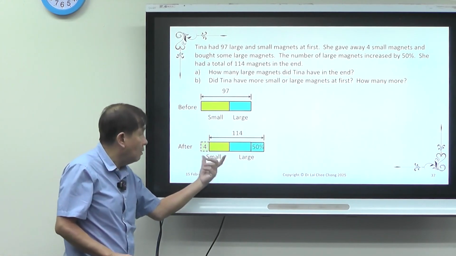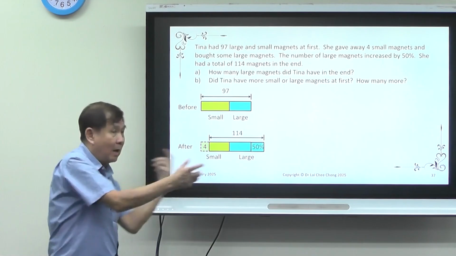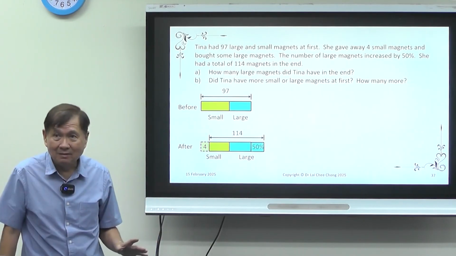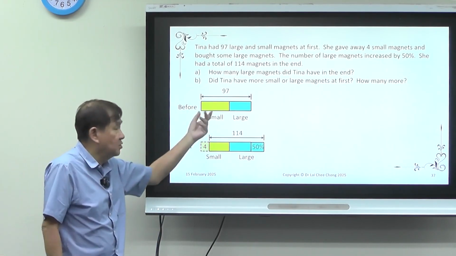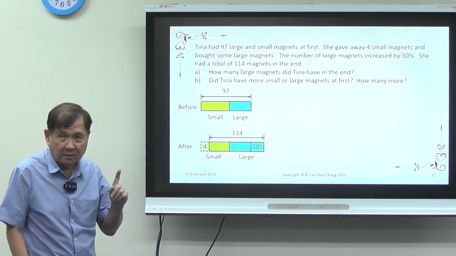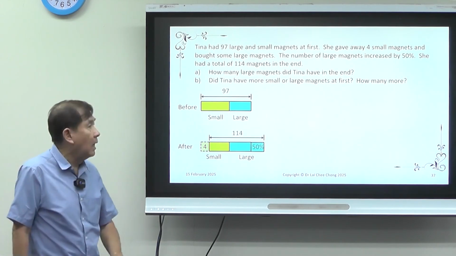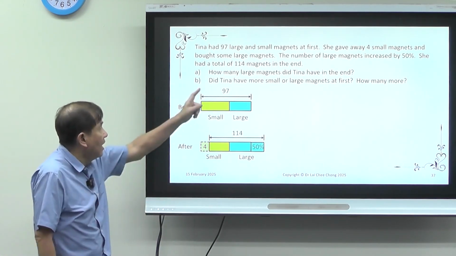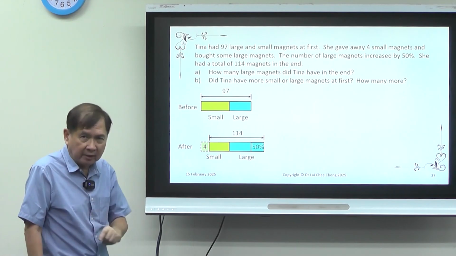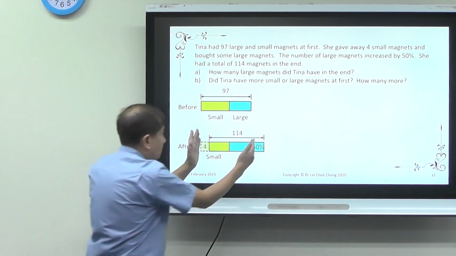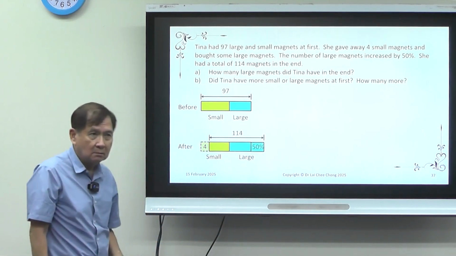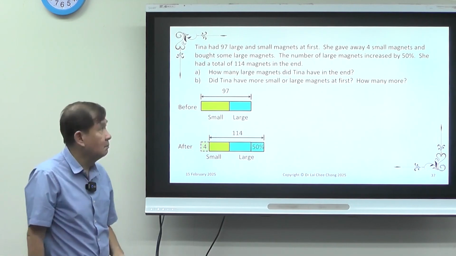So this part is still small, this is still large. So as I say, how is it like? It doesn't really matter. You don't worry about whether this is a bit longer or shorter, it makes no difference at all. You follow me? Now, once I do that, I know that he said that now he has what? 114 after. Am I right? 114.